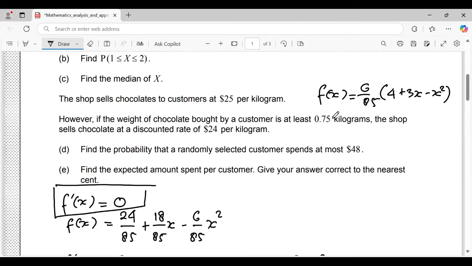They have to buy chocolate of at least 0.75 at the shop, and they will get a discount.